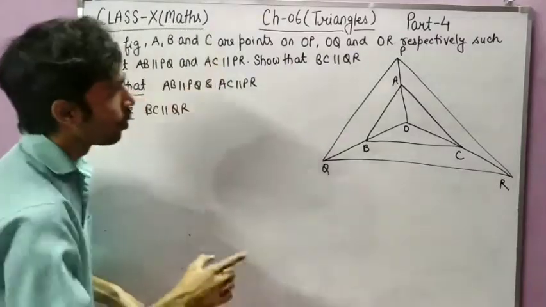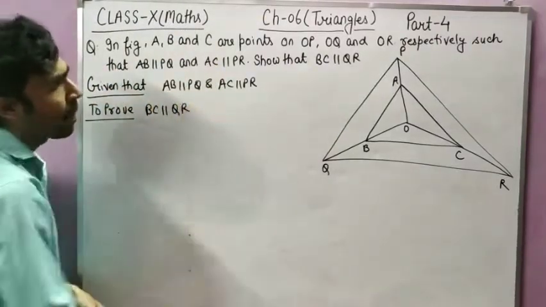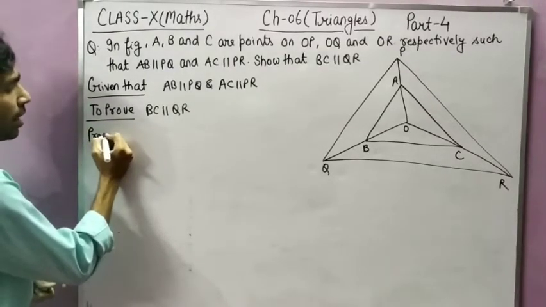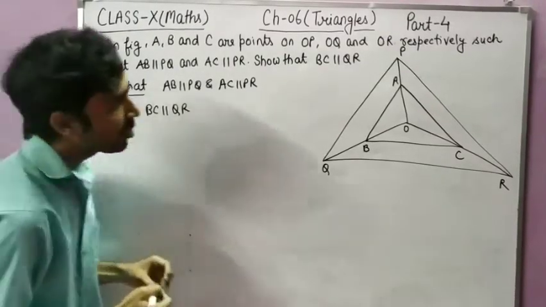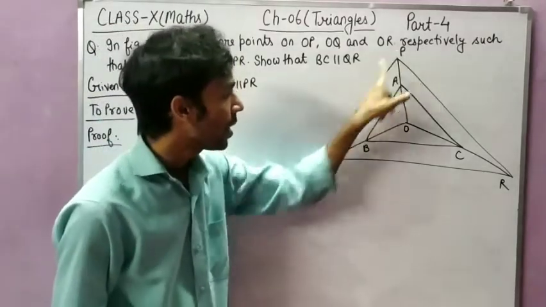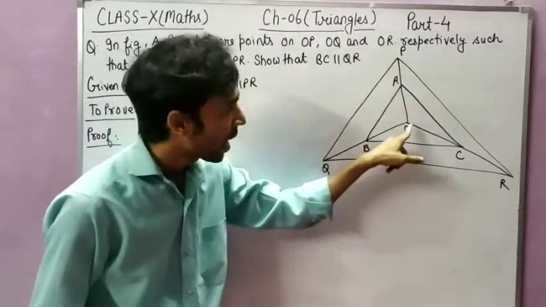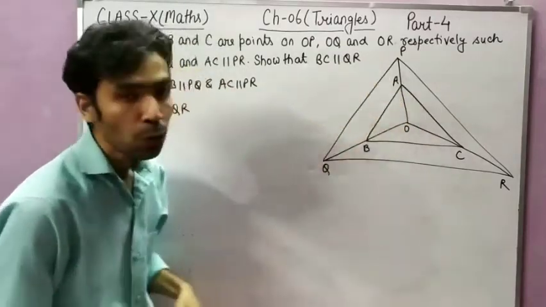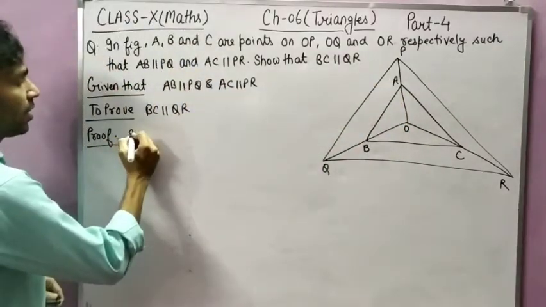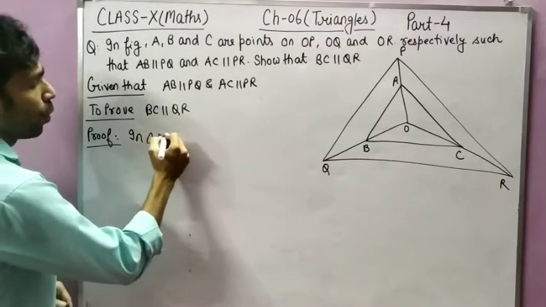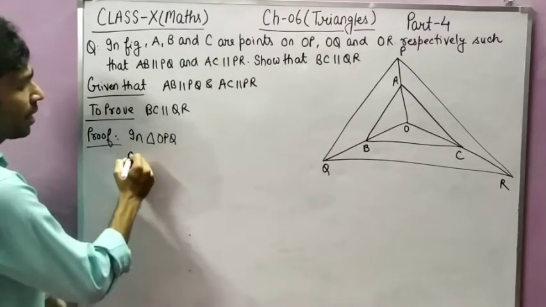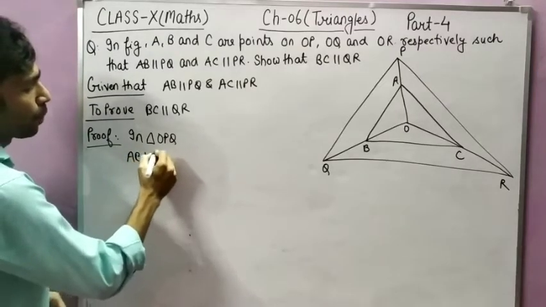Now in which triangle, student, is AB parallel to PQ? See, in triangle OPQ, AB is parallel to PQ, so we will write in triangle OPQ, AB is parallel to PQ.